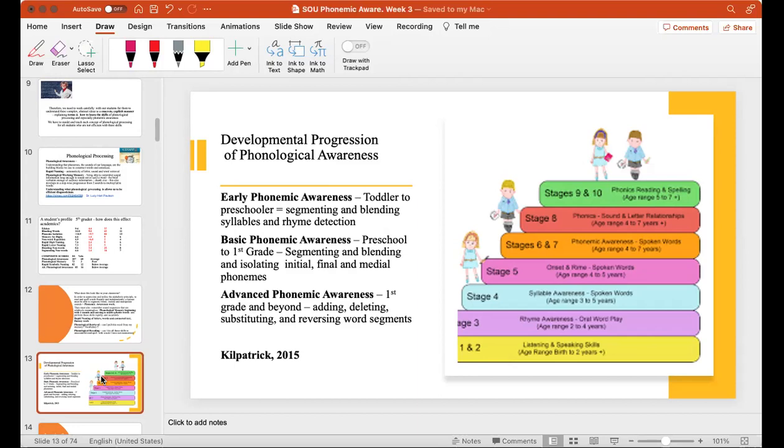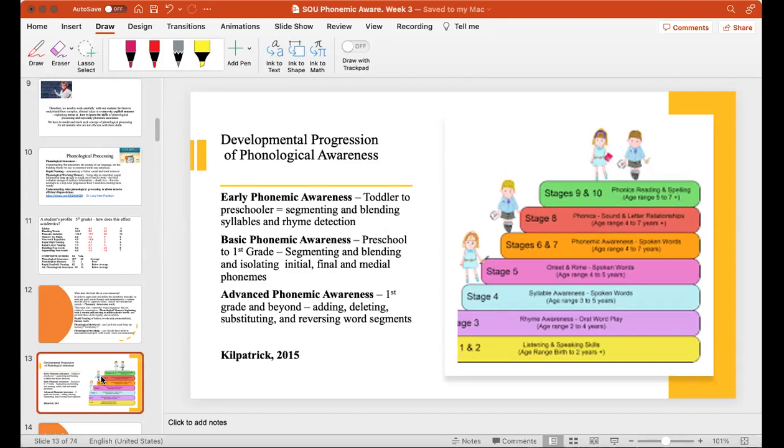toddler to preschooler. Once you get into preschool, K, and first grade, then we want to be working with the same segmenting and blending and isolating skills, but now with individual sounds. And we want our students developmentally, they hear the sounds in the beginning of a word most clearly.